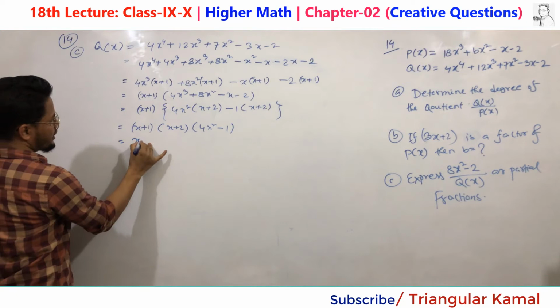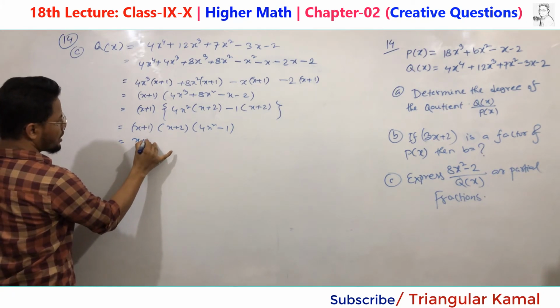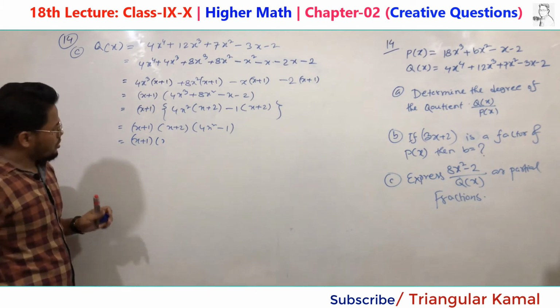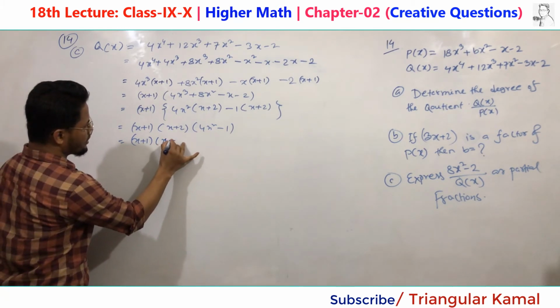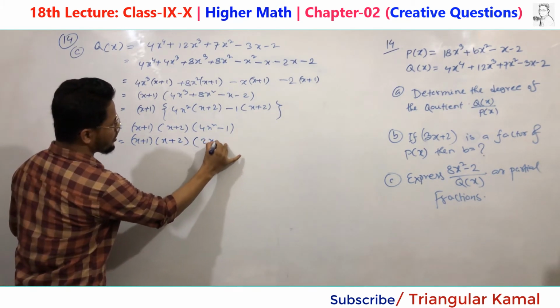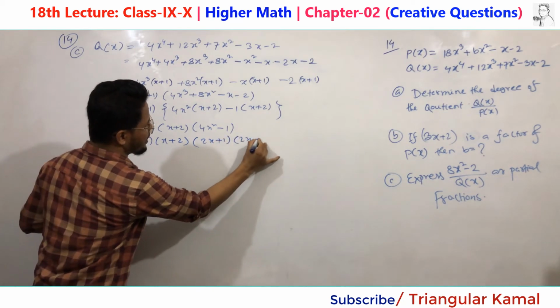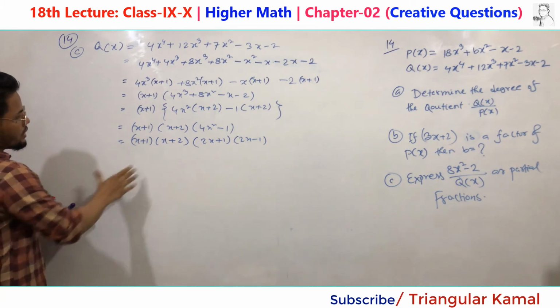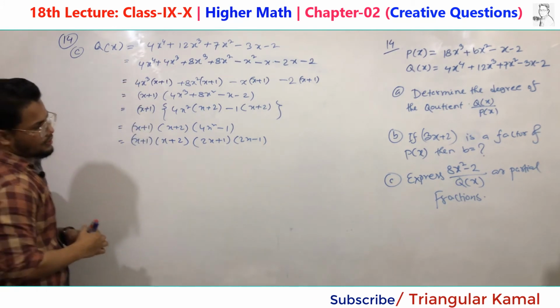So x plus 1, x plus 2, and here you can write twice x plus 1, twice x minus 1, just using 2x whole square minus 1 square. And these are the factors of q of x.